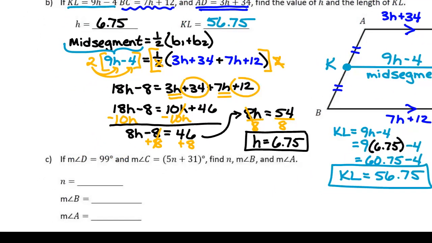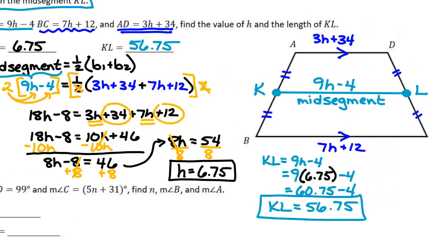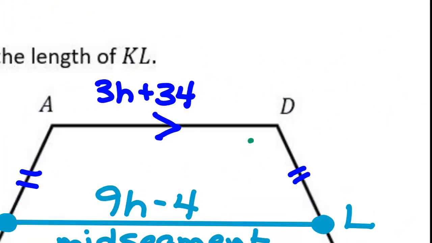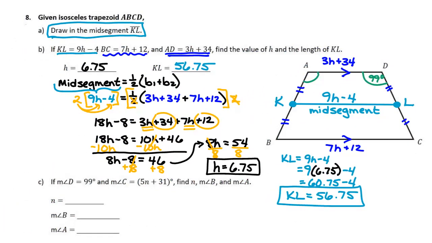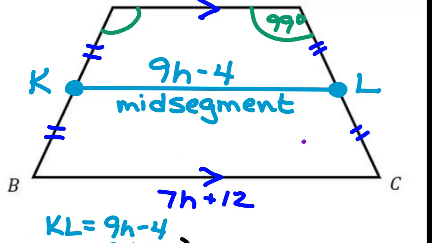And then we have a part C down at the bottom. Tells me the measurement of angle D is 99 degrees. Angles D and A are congruent because those are base angles. Tells me the measurement of angle C is 5n plus 31.